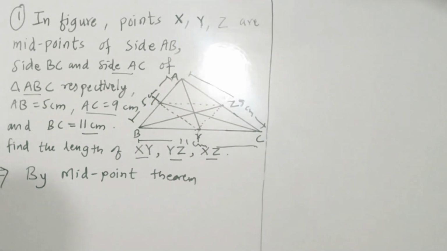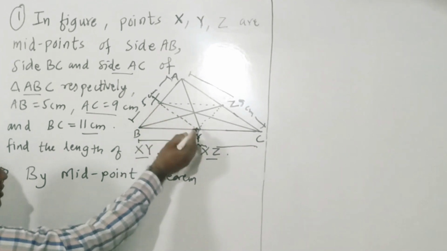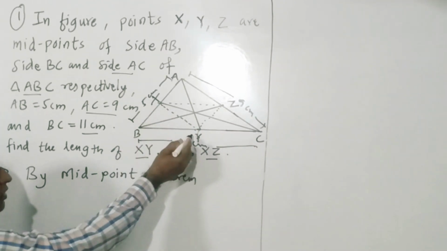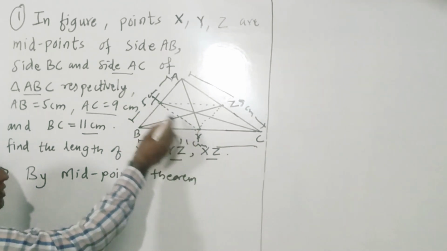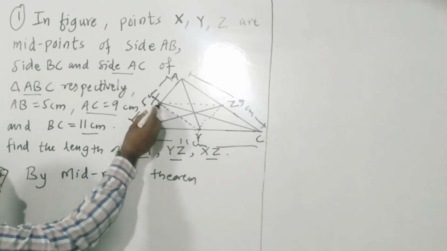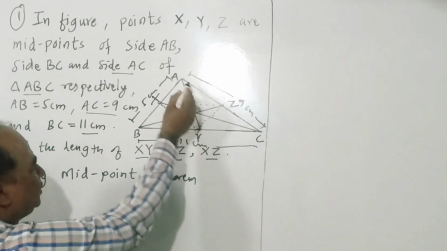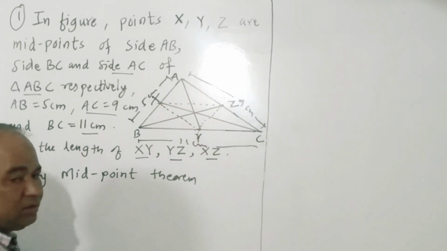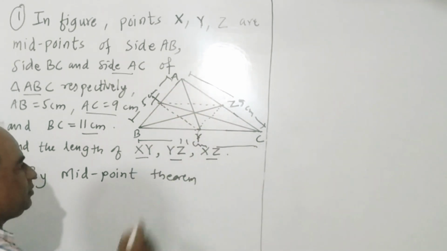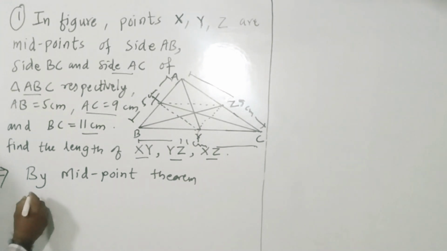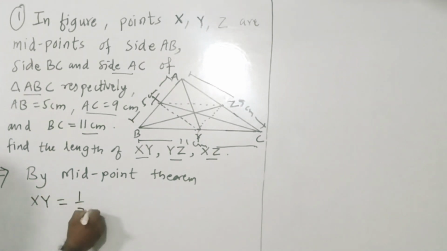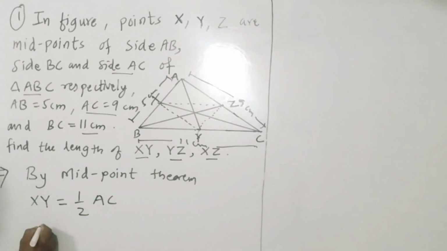The midpoint theorem tells us that the segment joining the midpoints of two sides of a triangle is half the length of its corresponding parallel side. So XY is equal to 1 upon 2 AC.